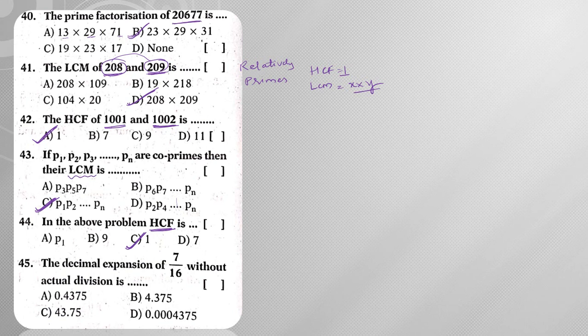Next, the decimal expansion of 7 by 16 without actual division. So without actual division he is asking you to do. 7 by 16, 16 I can write as 2 power 4. Since we have 2 power 4 in the denominator, to make it 10 power, we multiply with 5 power 4 in the denominator as well as in the numerator. Then I have 10 power 4 in the denominator, and in the numerator 5 power 4 is 625 multiplied by 7.